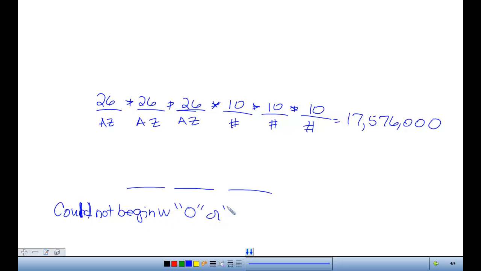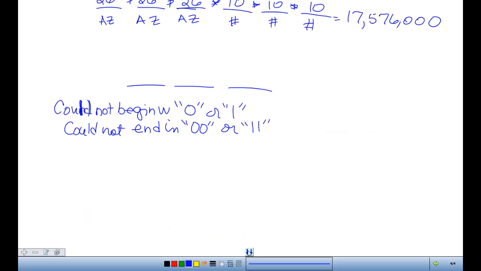They cannot end in 00 or 11. Those were reserved for special numbers and emergencies. And the middle digit, the second digit, could only be a 0 or a 1. Old rules.